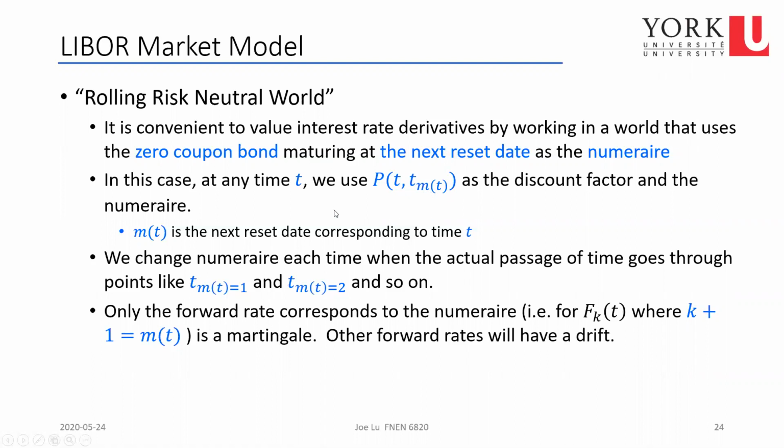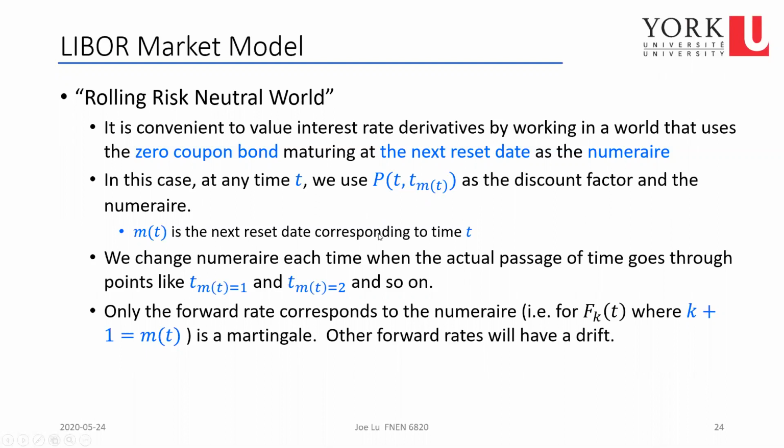So if you evolve any points before you go across the reset date, this value doesn't change because m doesn't change. But if you go across the boundary of a reset date, then this m value will change, and this t_m would be a different number. So we'll always use this P(t,t_m) as the discount factor and the numeraire.